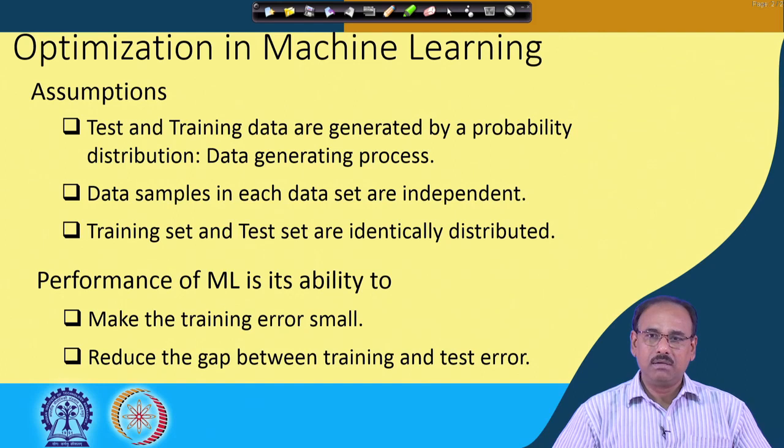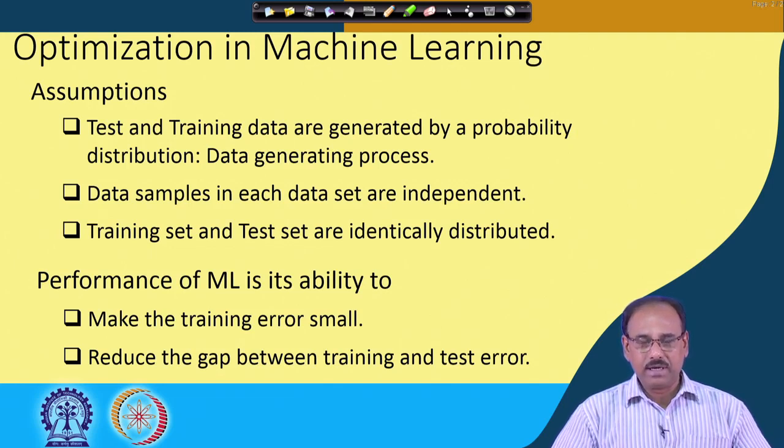That is, while training the machine on the training set of data, the training error should be small, and only when it is very small, ideally 0, we assume that the machine or your algorithm is properly trained or has learned the classes. And secondly, when you test it on the test data, which, as we said before, is not used during training, though we know the class belongingness of the test data.